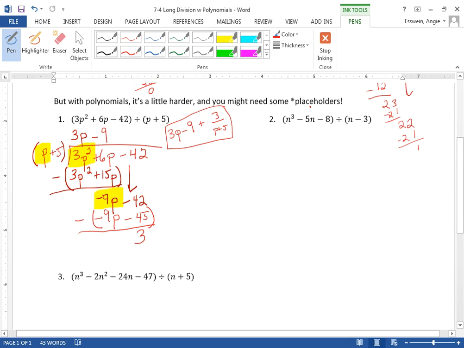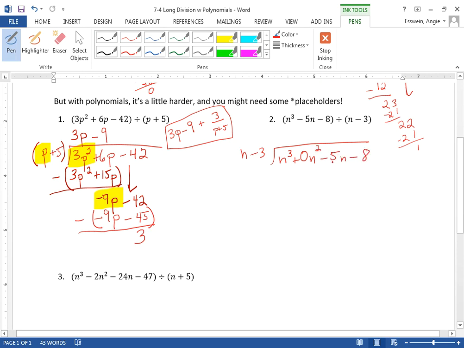Now, I have a new thing to throw in here. Do you see where a placeholder might be needed in this polynomial? N squared is missing. So I'm going to do n minus 3 into n cubed plus 0n squared minus 5n minus 8.